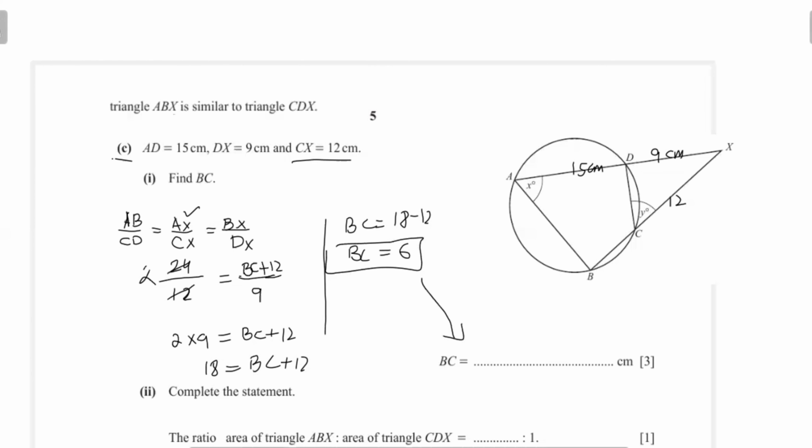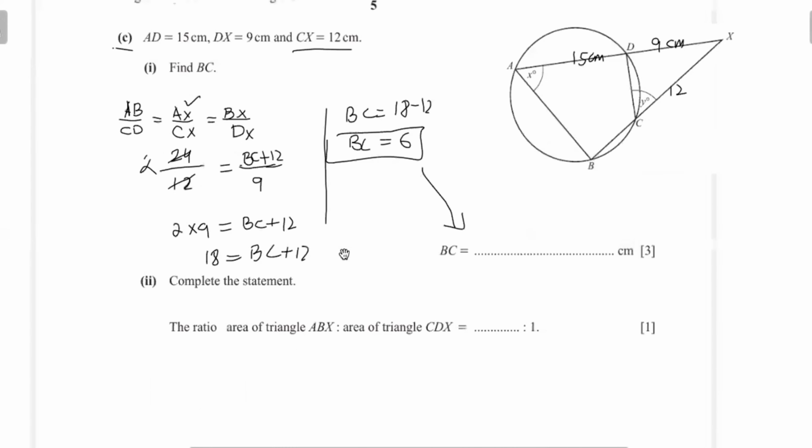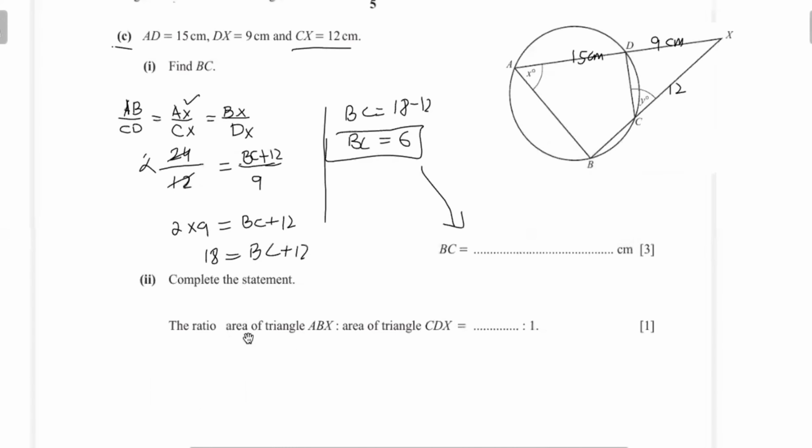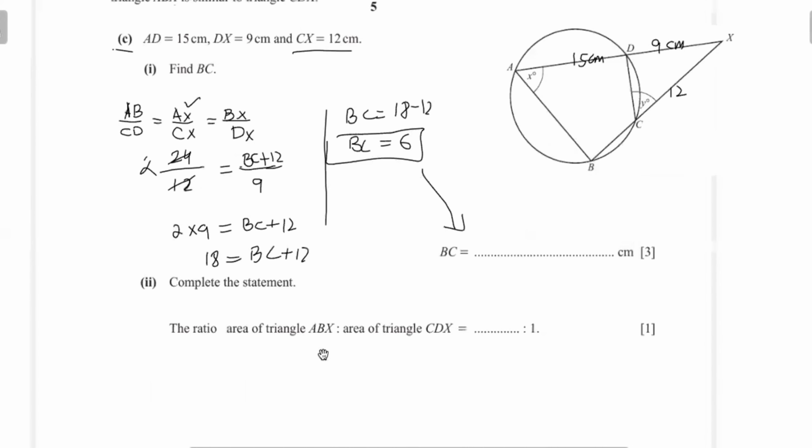Next is the second part. Complete the statement: the ratio of the area of triangle ABX to the area of triangle CDX. This will be equal to AX over CX, whole squared.